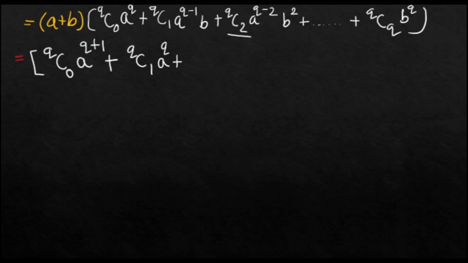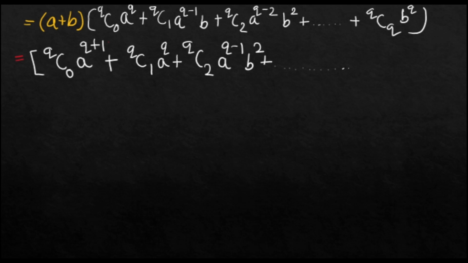Now next term, I will write the coefficient the same, QC2. In this case, if 1 is added to the index, what will be left? I think it's Q minus 1. So this is our index for A in this term, and B will be the same, B square, and the terms go on like this.